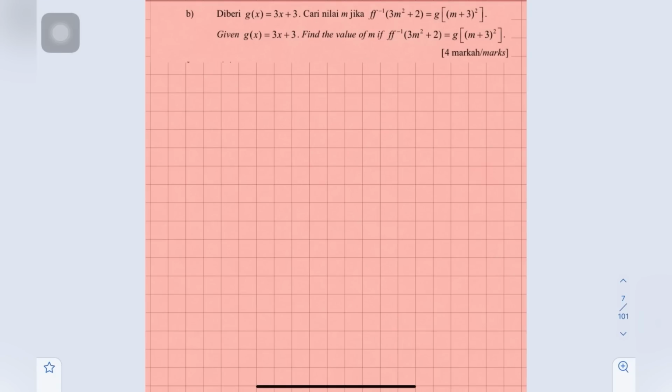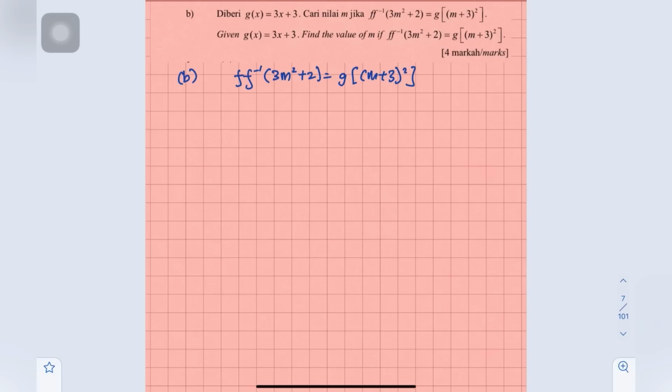Question B. Given g(x) equals 3x plus 3, find the value of m if f f inverse (3m squared plus 2) equals g((m plus 3) squared). Okay, so from the question, f f inverse (3m squared plus 2) equals g((m plus 3) squared).